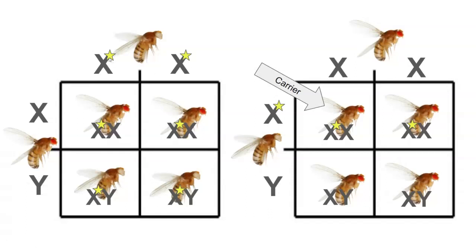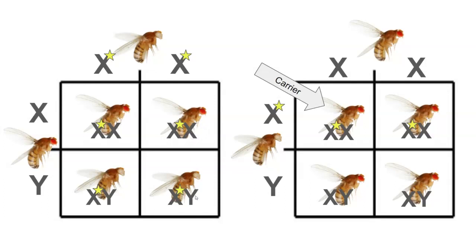So this gene really only shows up when it is on both X's. So you see this mother has two X chromosomes, and both of them have this mutation. Whereas the female offspring, we can call carriers because they only have one X that is affected, meaning they still have a normal gene here and it will shine through with the normal colored eyes.